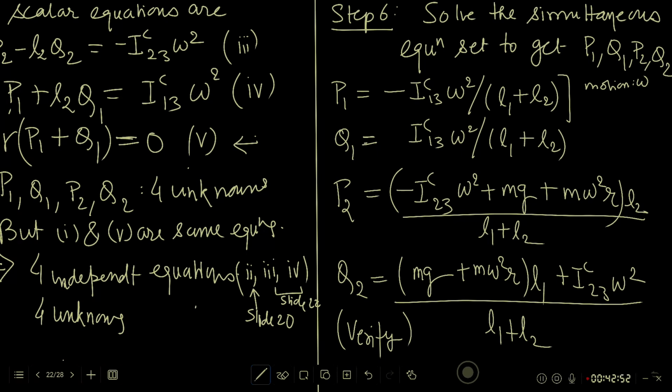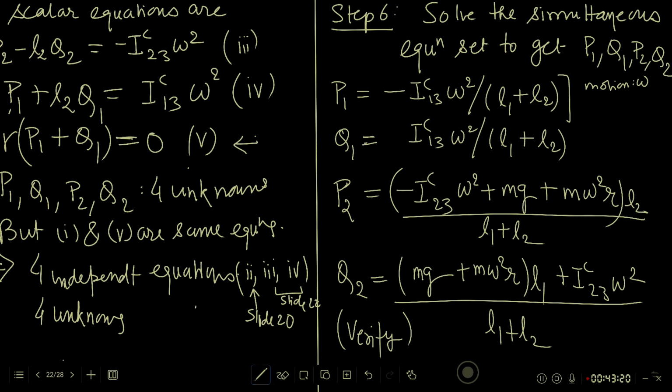Come to P2. If I set omega to be 0, what happens to P2? A part of P2 vanishes, but a part of P2 is retained. The part of P2 which will vanish because of omega vanishing will be part of DRFS. And the part of P2 which is not vanishing despite omega being 0 will go and become SRFS, part of static reaction force system.